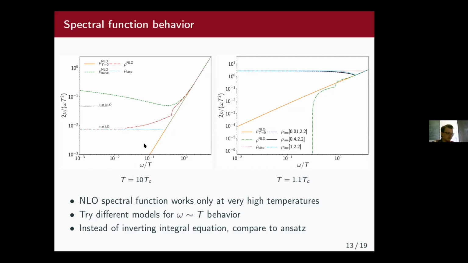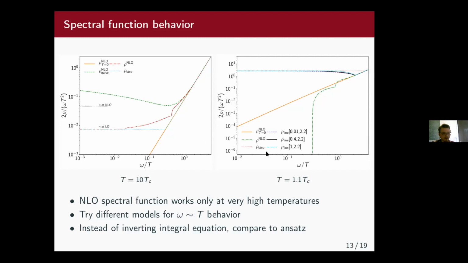And then we do all kinds of ansatzes or models for the spectral function. The simplest possible being the step ansatz, which is just we follow the infrared kappa result up till the intercept with the UV behavior, and then follow the UV behavior for the bigger omegas.